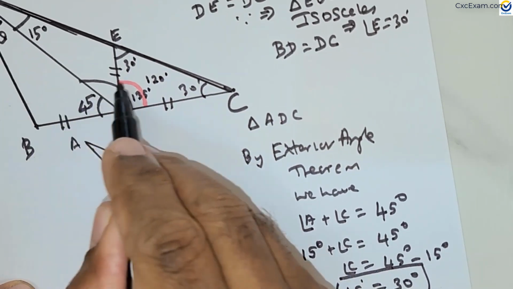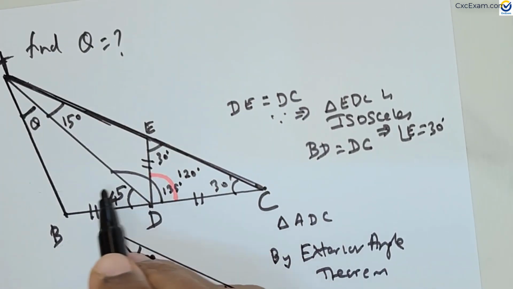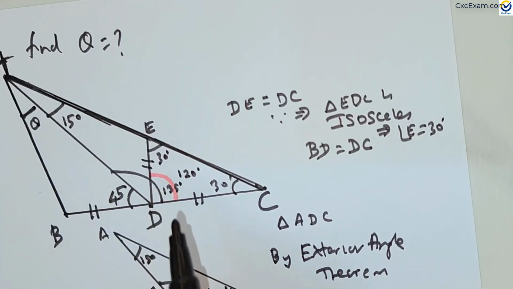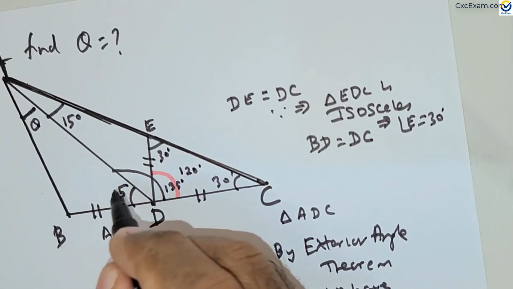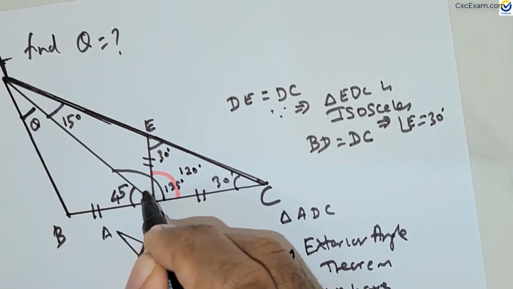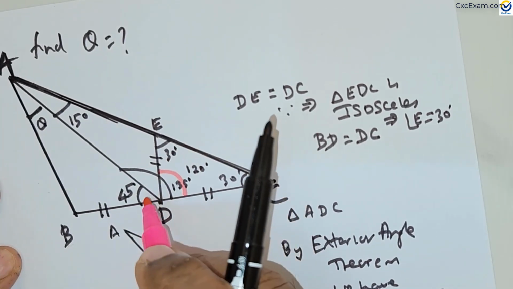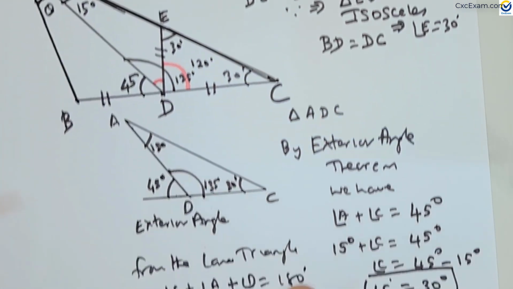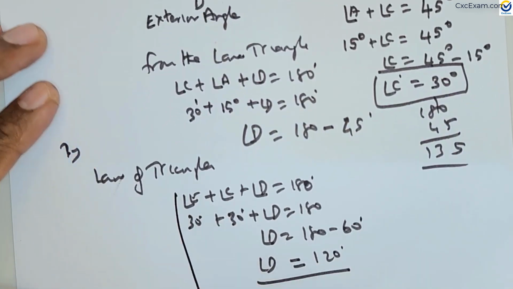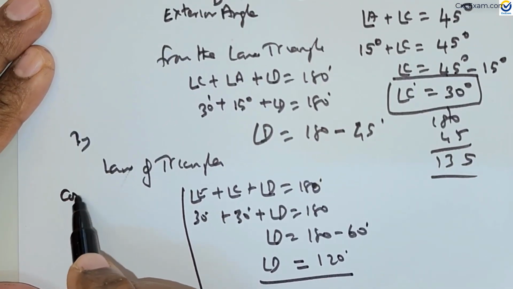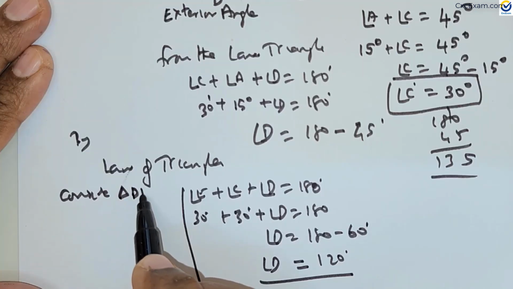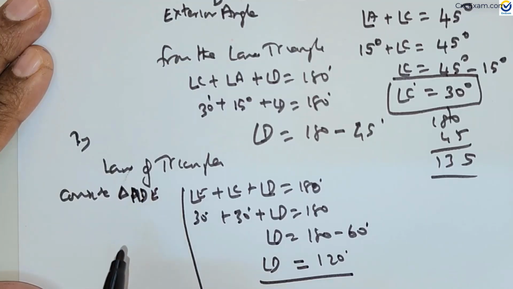Now this entire angle is 135. So I need to get this portion. Consider triangle ADE.